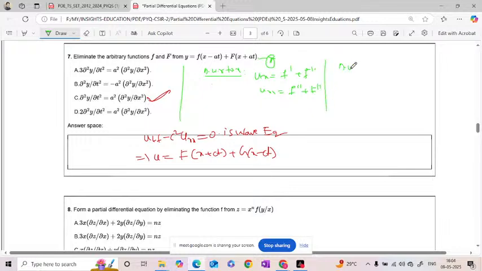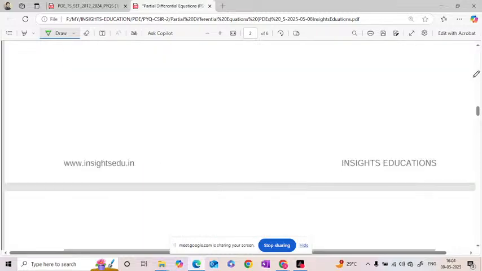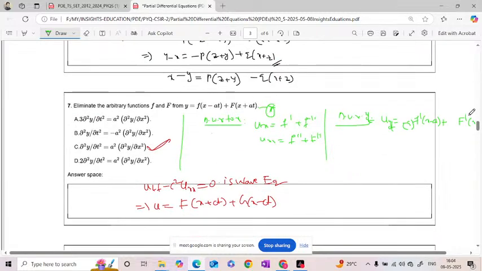Similarly differentiate with respect to t, then here we will get u_t is equal to minus a f dash of x minus at plus a g dash, where g is the function of x plus at. After that, here we will get the result.